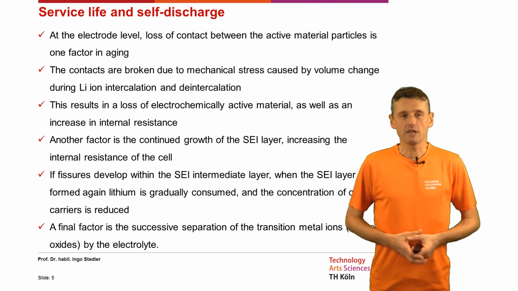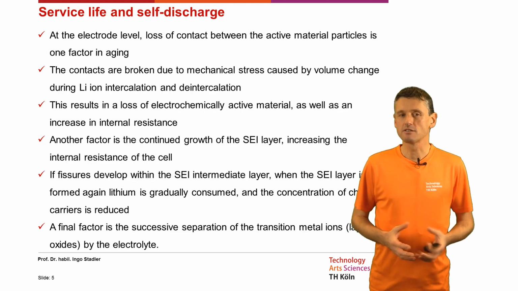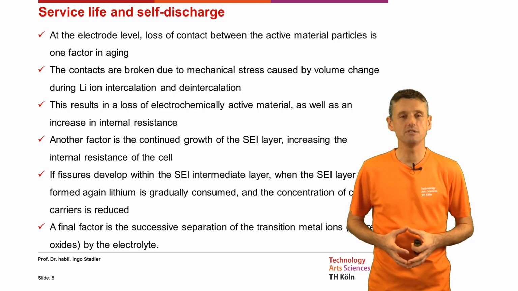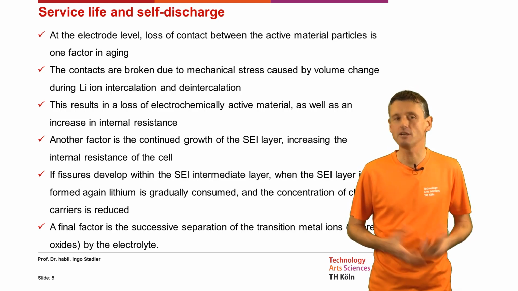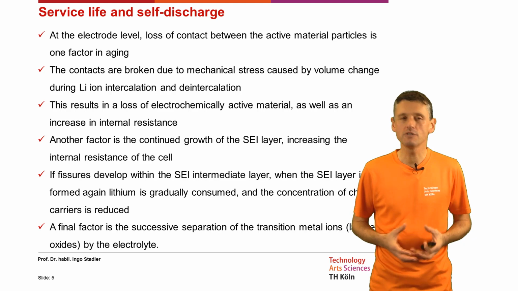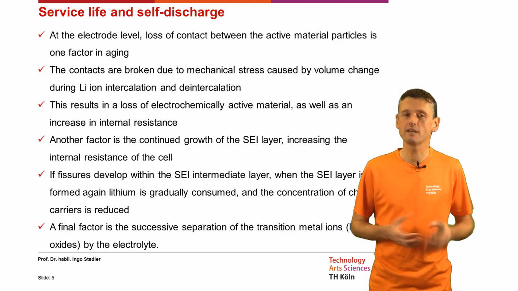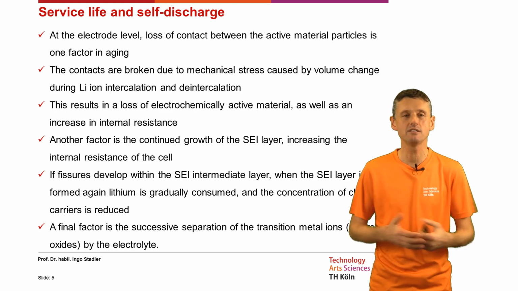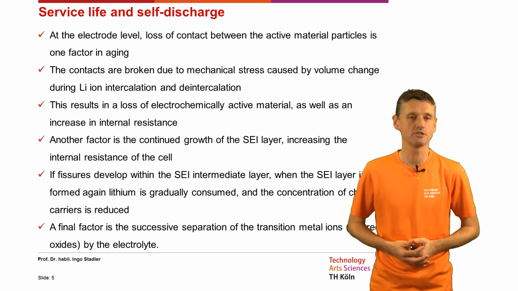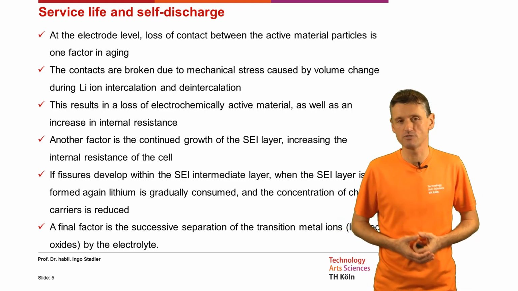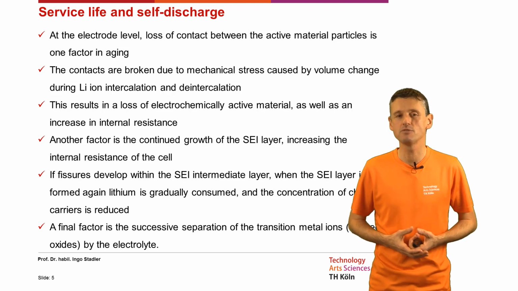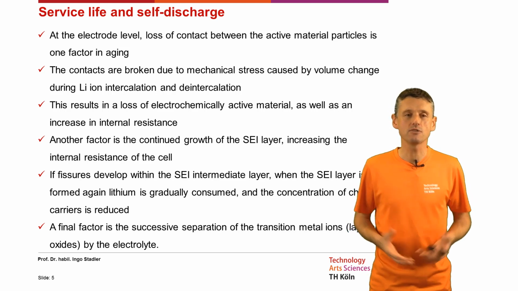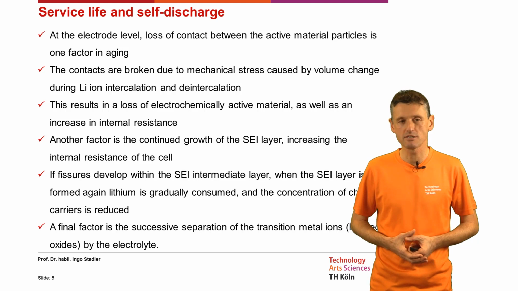At the electrode level, loss of contact between the active material particles is one of the aging factors. The contacts are broken due to mechanical stress caused by volume change during lithium-ion intercalation and deintercalation. This results in a loss of electrochemically active material as well as an increase in internal resistance.